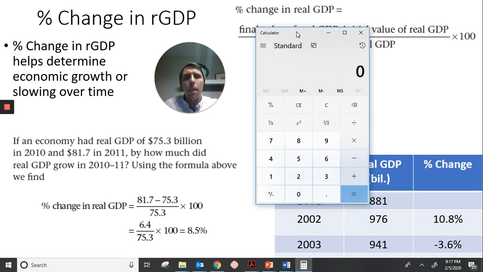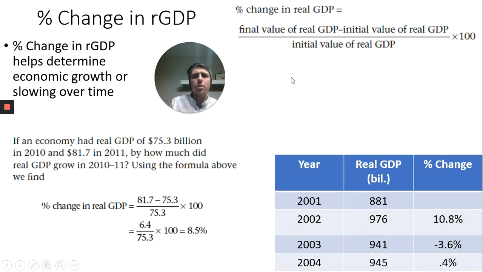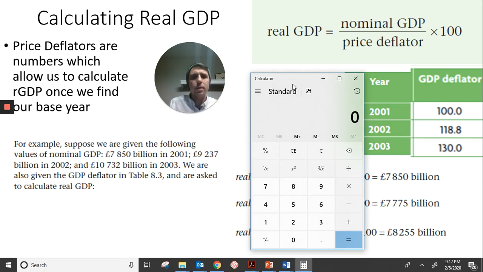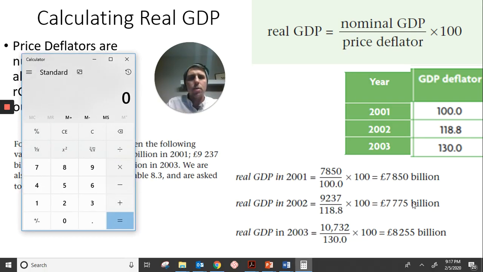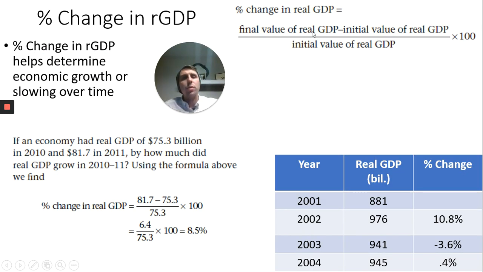And for the sake of argument, let's go back to the last slide. I have my new real GDP of 7.775 and my old GDP of 7.850. Now, if I want to figure out what happened to the GDP, I need to take my new minus the old, as you can see, final value of real GDP minus the initial value of real GDP over the initial.